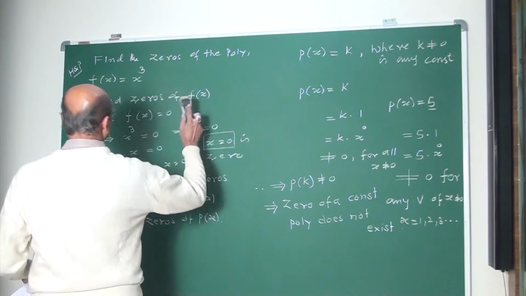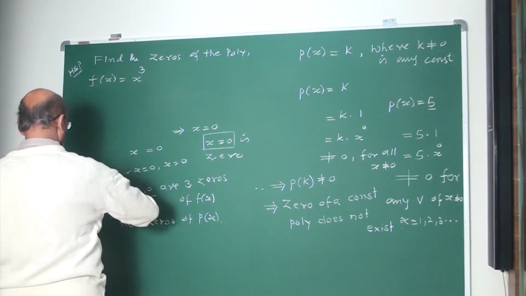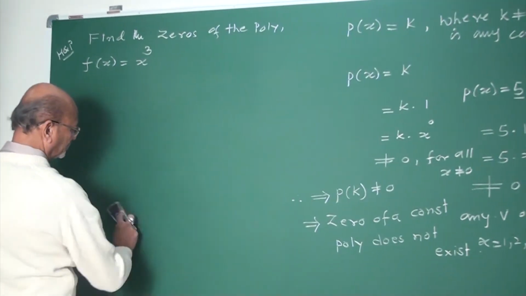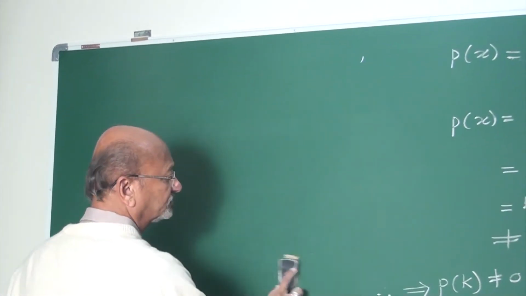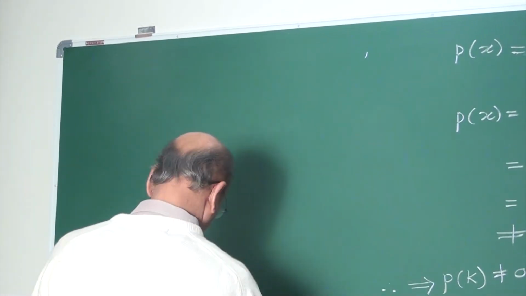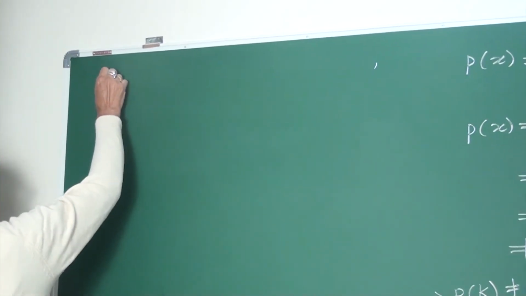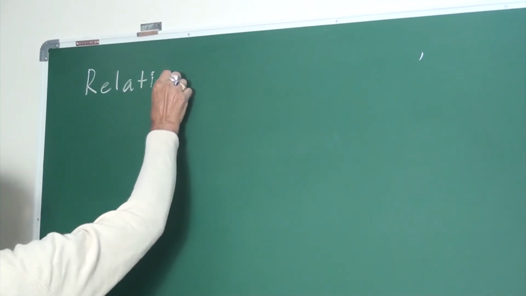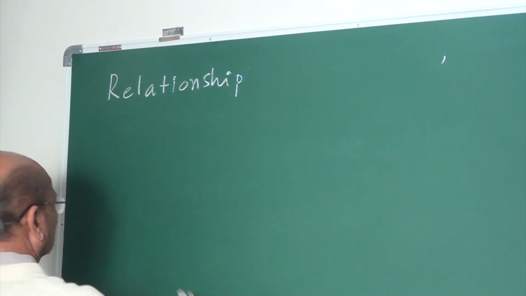First I write the title, then I will explain the title. Try to understand the title, then examples. Yes, my friends, this is the relationship. If you want, you can just write relation.